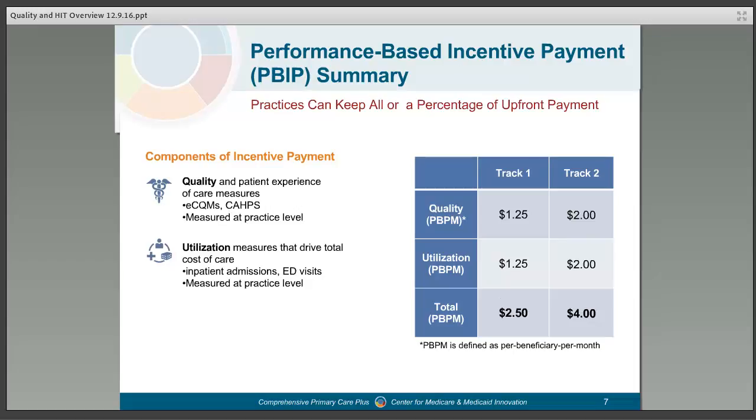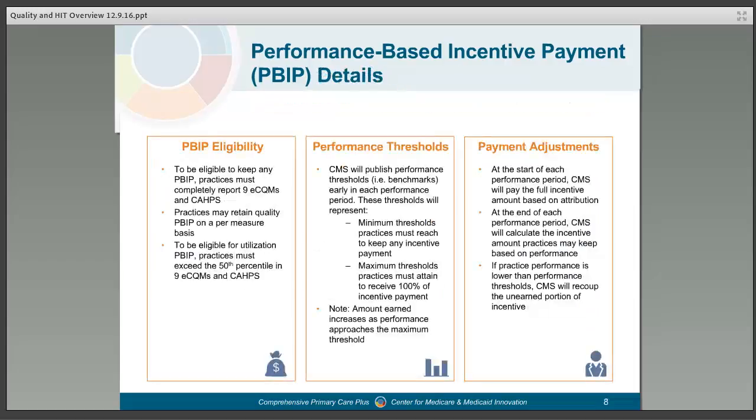For the quality portion of the performance-based incentive payment, we look at the electronic clinical quality measures, and we also look at patient experience of care using something called the CAHPS survey. These are all measured at the practice level. For utilization, we look at inpatient admissions and ED visits, and again, those are also measured at the practice level. And more details will be forthcoming regarding the methodology that we use and also the benchmarks.